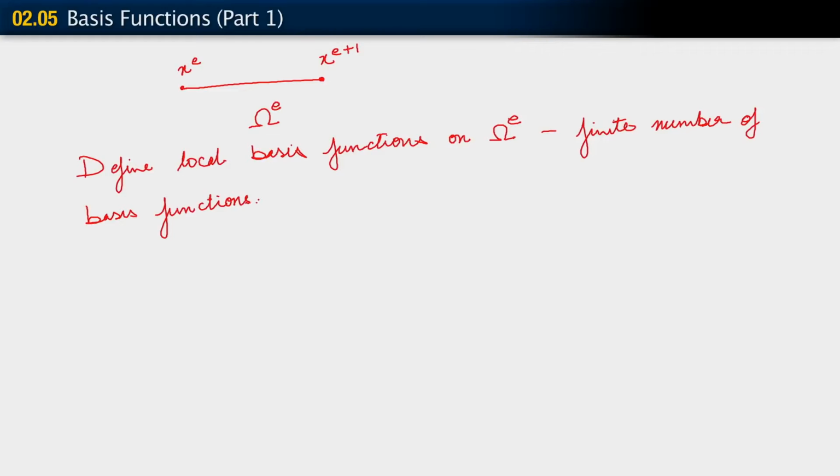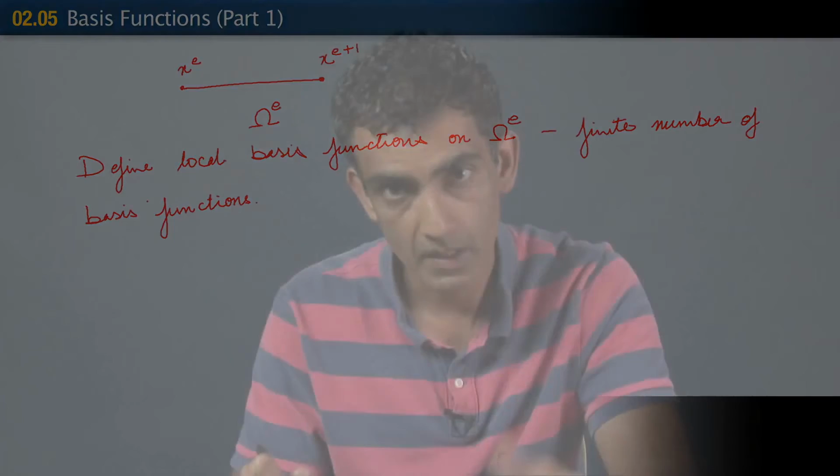Because we have the advantage of working just locally over the element subdomain, we're going to focus upon this element subdomain, define a finite number of basis functions over that subdomain. But then, if there is a finite number of basis functions over a single subdomain, and there is a finite number of subdomains, what we're going to observe, of course, is that there is a finite number of basis functions over the domain omega.